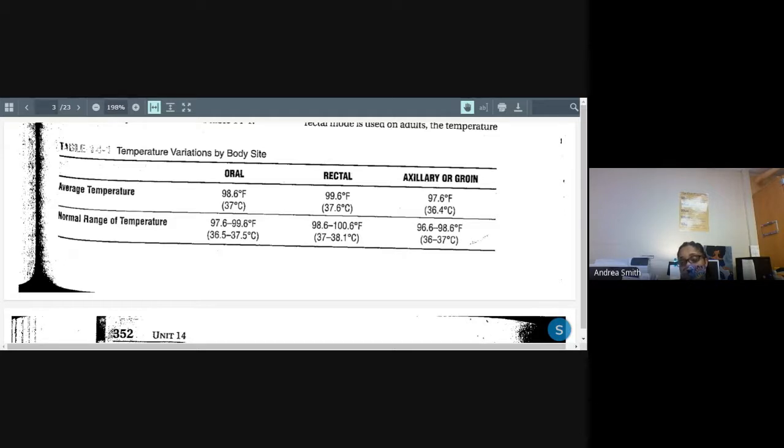what population do you think you would use axillary on? Young, old, teenager? Old.